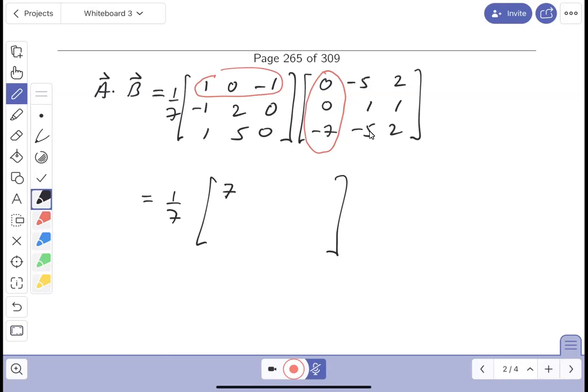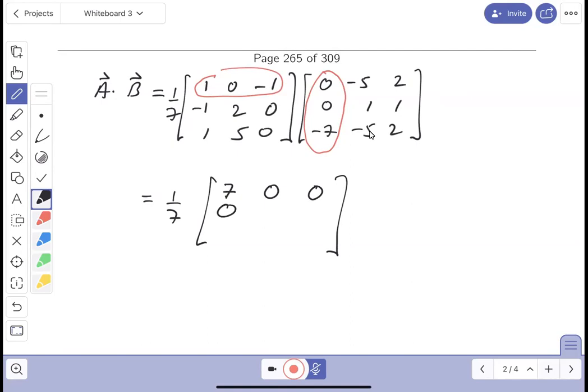What's the next one going to be? Let's see, minus 5, 0, and 5. That would be 0. What's the next entry going to be? 2, 0, minus 2. That's 0. Let's do the next one. We get 0, 0, 0. All right, next one. Well, 5.